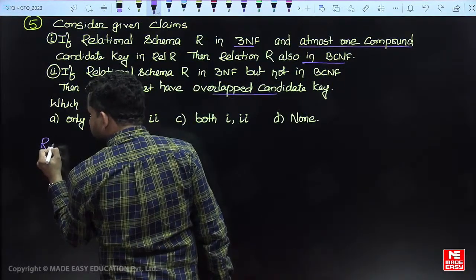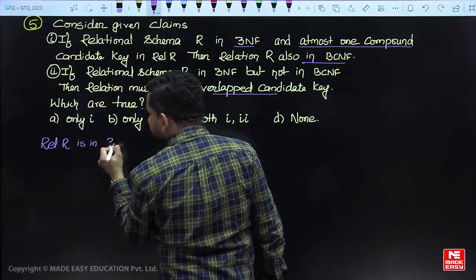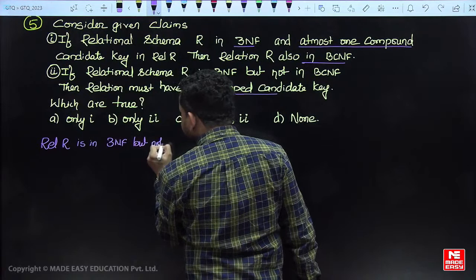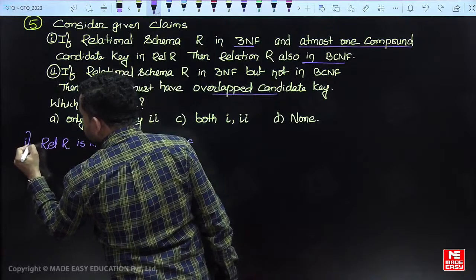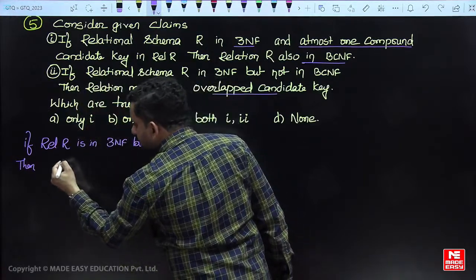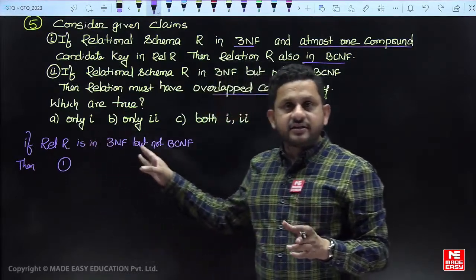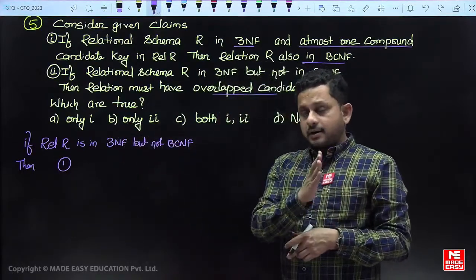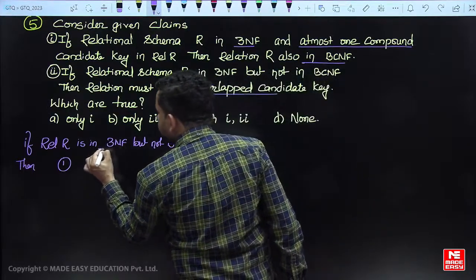Whenever we say a relation R is in 3NF but not BCNF, it is possible only if, of course it's already in 3NF, meaning no partial dependencies, and no non-prime attribute determining another non-prime attribute, because it is already stated to be in 3NF.